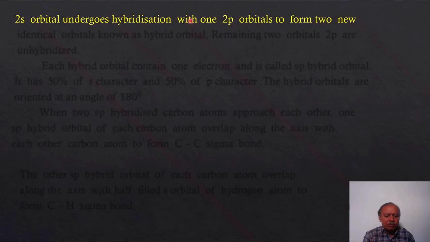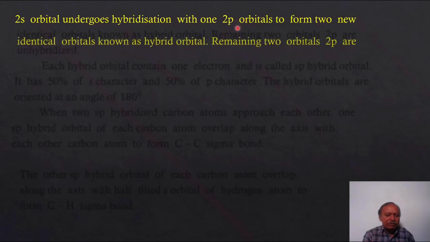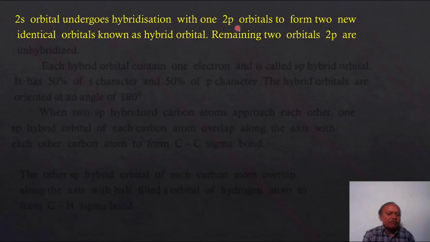These new orbitals are called hybrid orbitals, and the remaining 2p orbitals are not hybridized. That means they do not mix with the 2s orbital. The remaining two orbitals are not undergoing hybridization, so they are known as unhybridized orbitals.